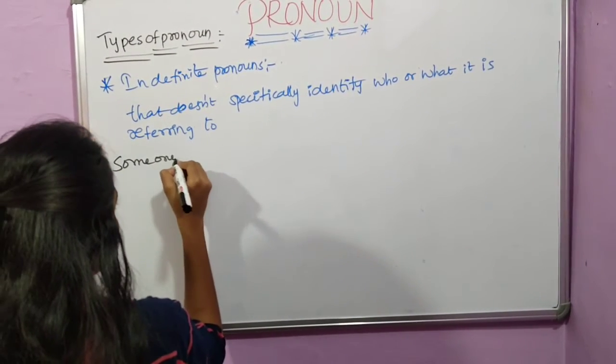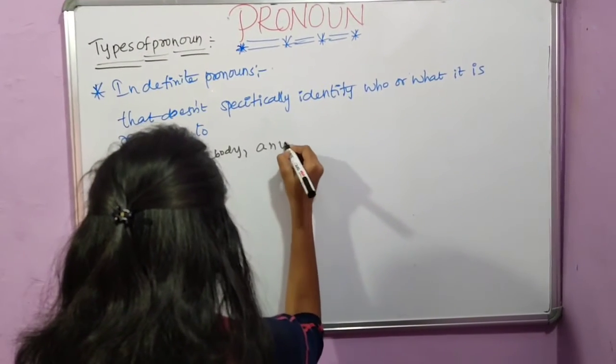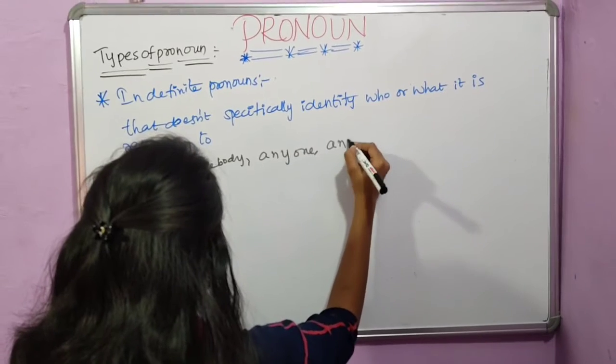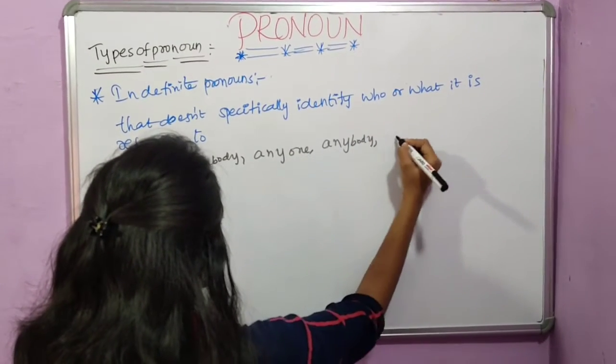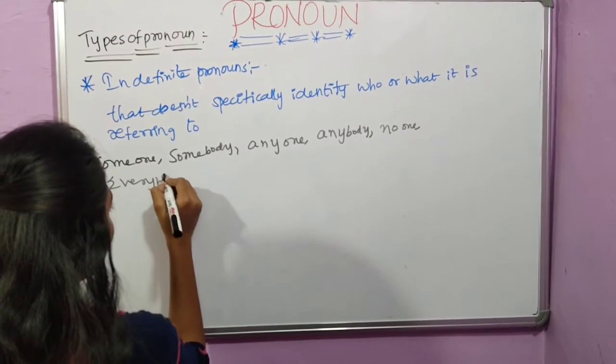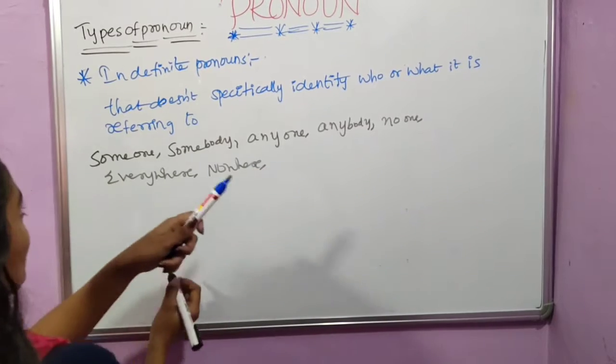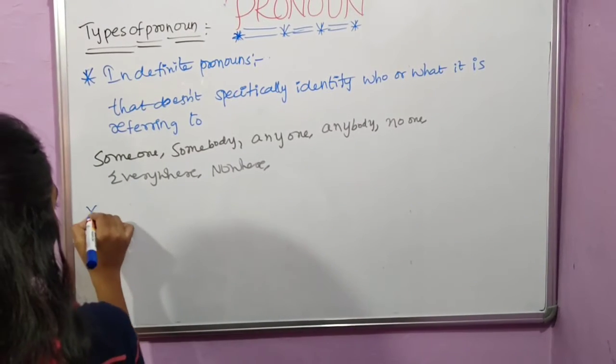Someone, somebody, anyone, anybody, no one, everywhere, nowhere. These are all examples of the indefinite pronouns.